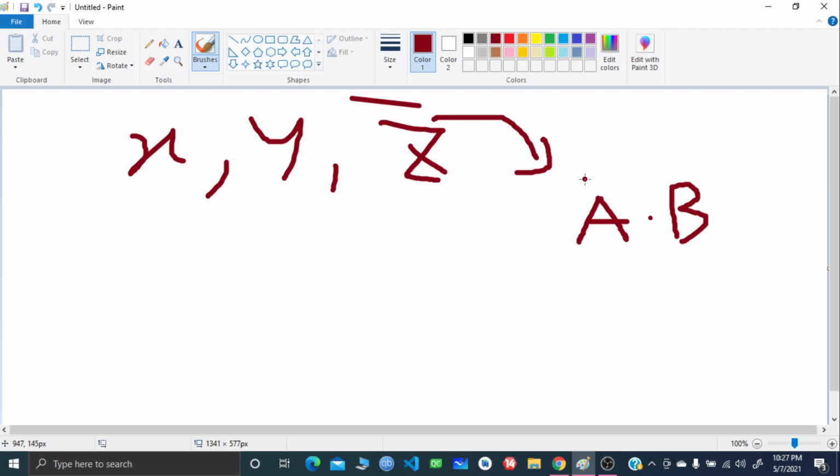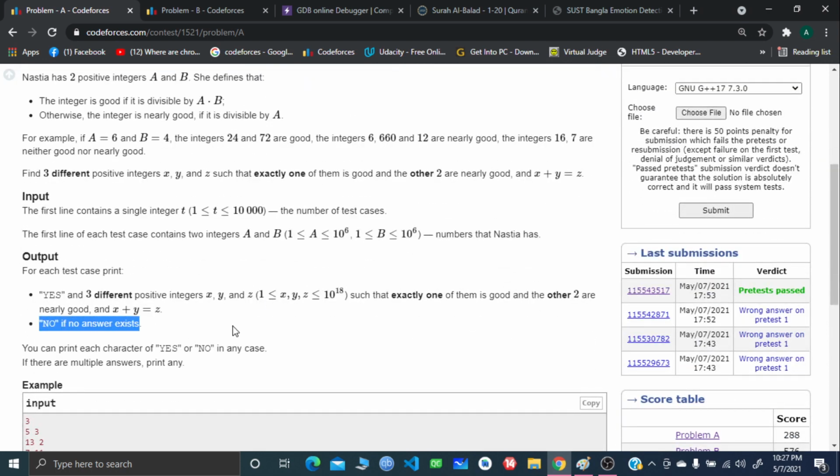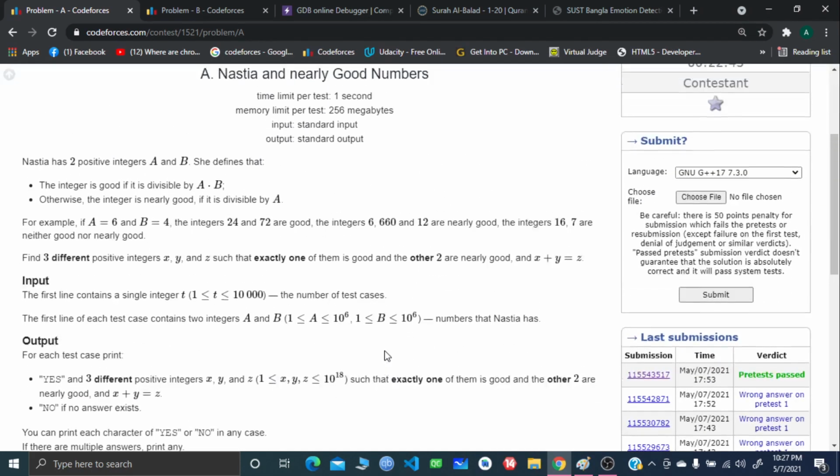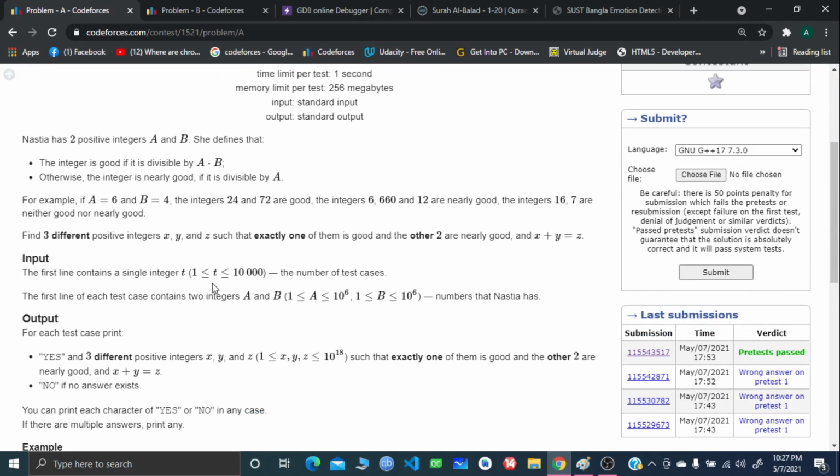But first of all, we also have to consider the condition where the answer might not exist. The answer is not going to exist when b is equal to 1. If b is equal to 1, there is no way you can make three different integers x, y, and z that satisfy the relationship.